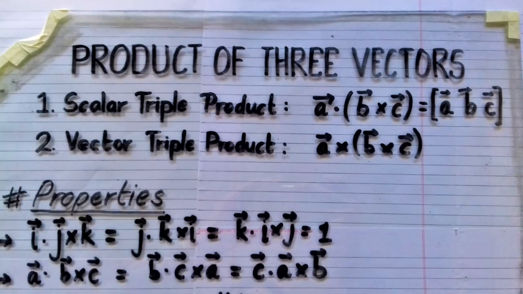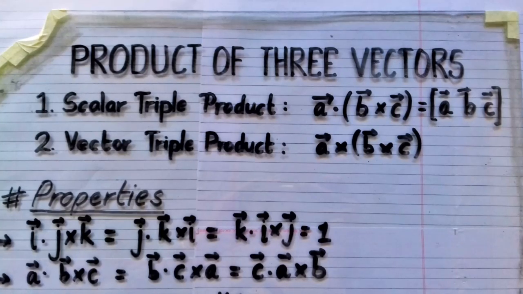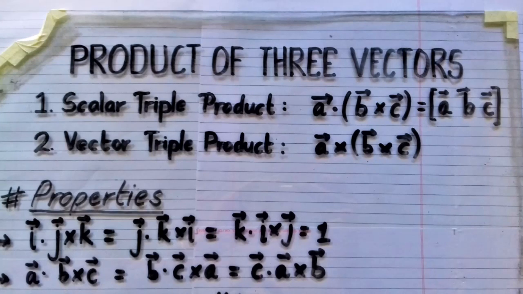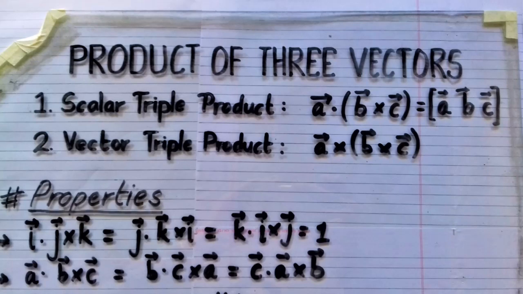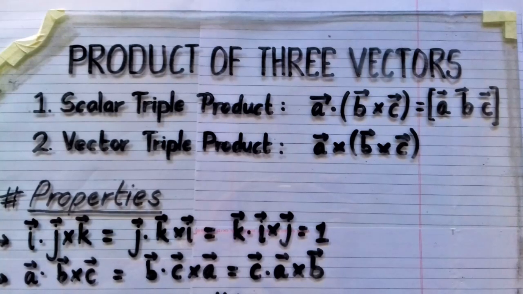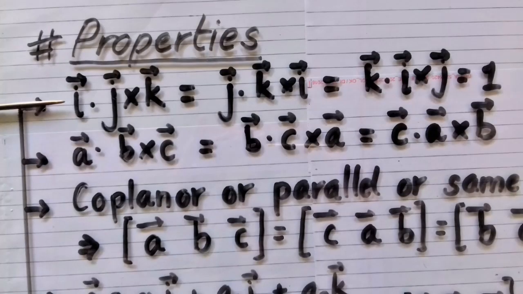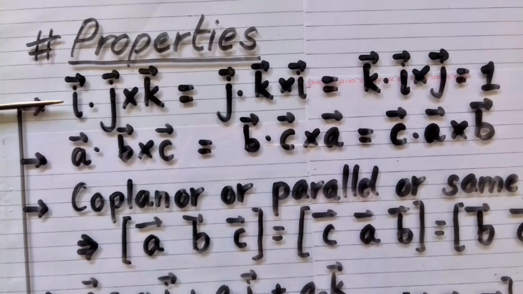And in case of vector triple product, it is a cross product of one vector with the cross product of the other two vectors. So these are the main divisions in which the vector triple multiplication can be performed. Now let us go towards the properties.